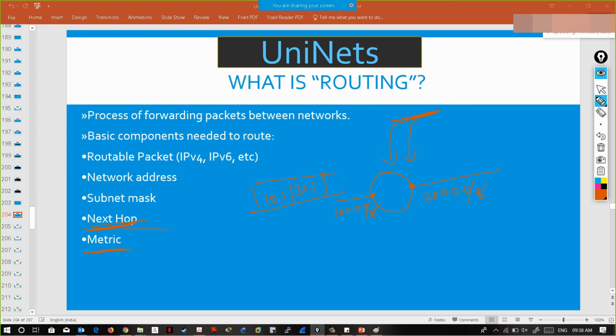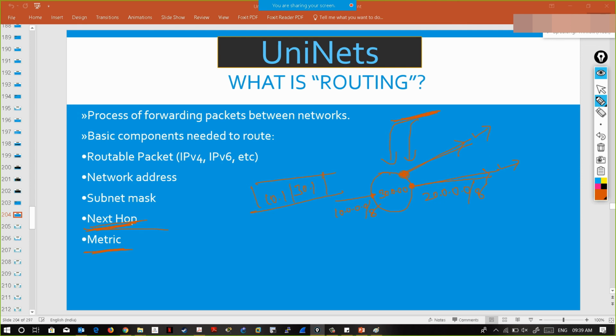And the metric is, now my router has two routes to go to the 30 network, one from this interface and the other from this interface. Ultimately it cannot send one packet through this interface and one through that one.